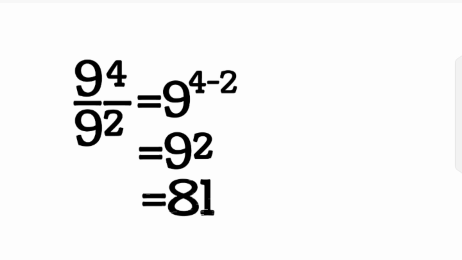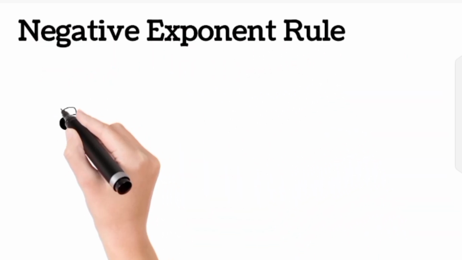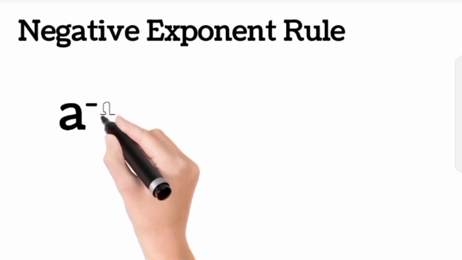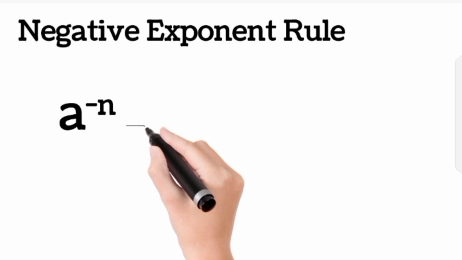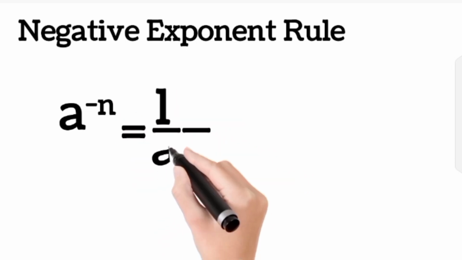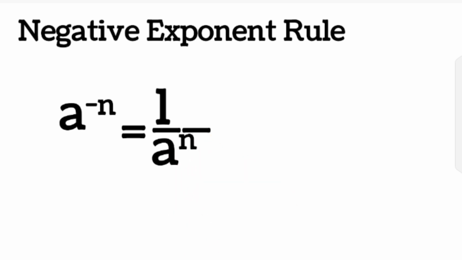That's the quotient rule. Now we have the negative exponent rule. A to the negative n equals 1 over a to the n. This time the exponent in the denominator is positive, while at first it is negative, then we transfer it to its reciprocal and it becomes positive.